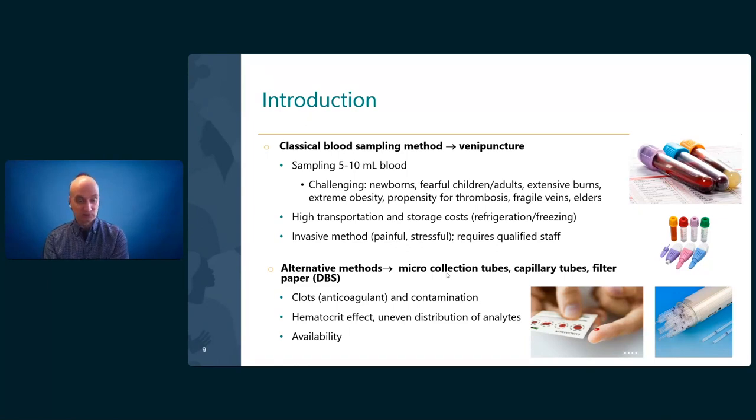But also contamination, which is, I would say, the main drawback, especially for filter paper. For the same technology, it's well known that the hematocrit effect may play a very important role, even related to the distribution of analytes. So this is not very useful. And another, let's say, inconvenience is the availability, because these are not available in all hospitals or clinics, so it's not easy to use them.